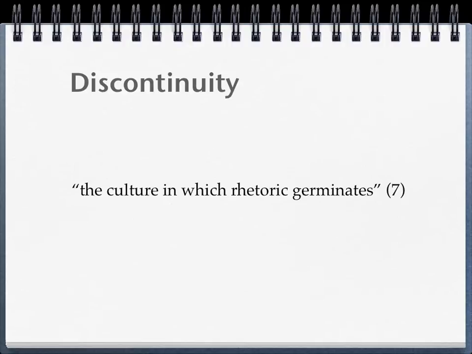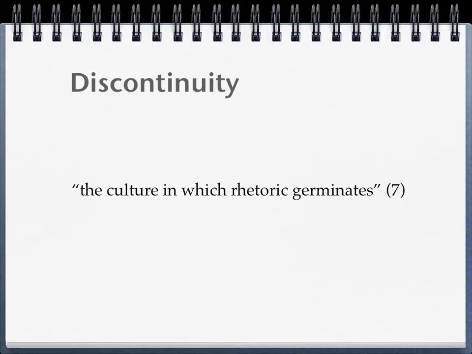Now, the discontinuity of processes, these events that exist within the continuous, that disrupt the continuous. This, Hauser says, is the culture, and by culture we might even want to think of the biological notion of culture. This is the surrounding or the context in which rhetoric germinates.